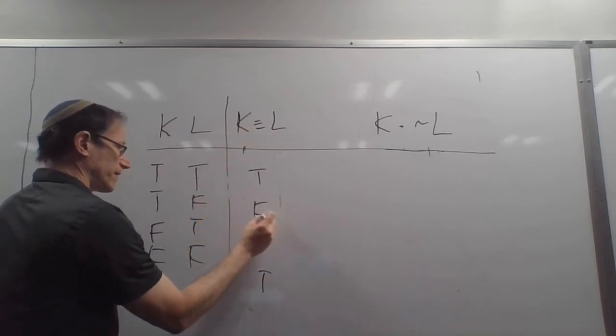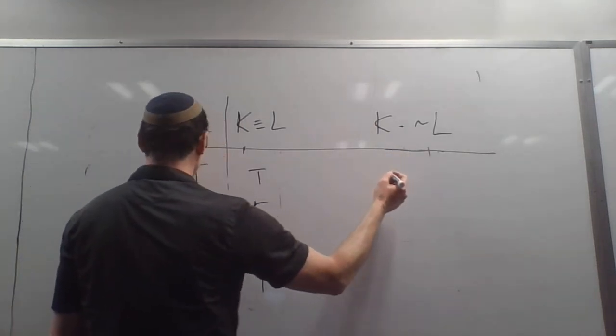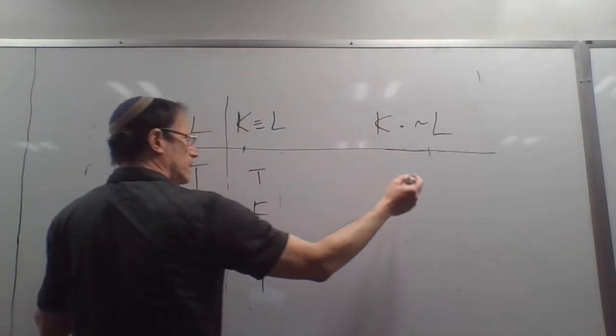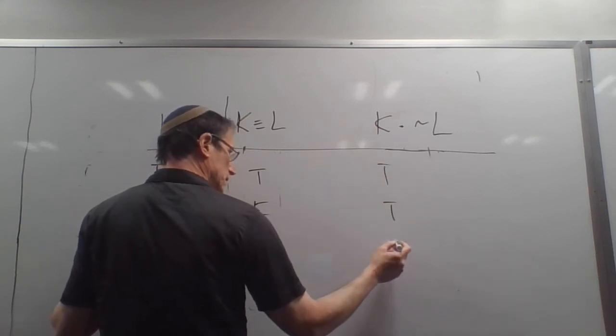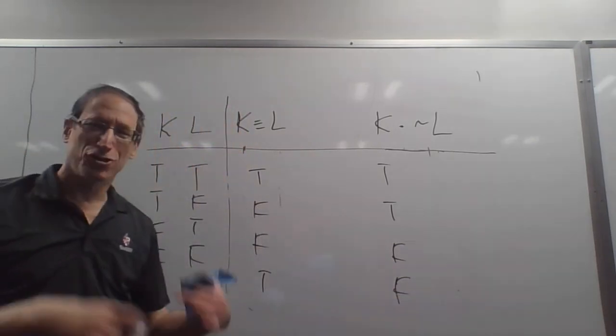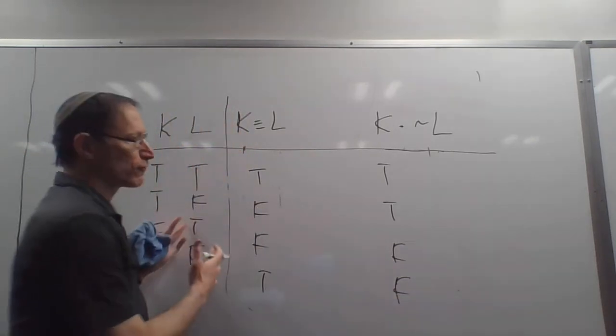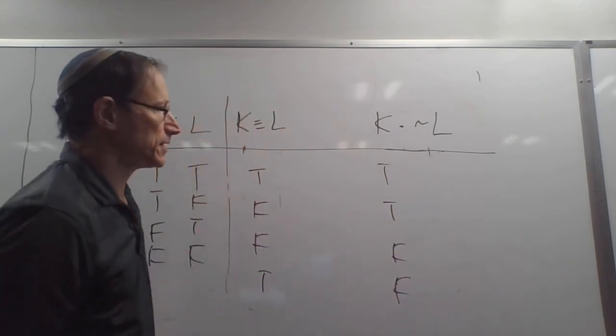And then you have F over here, F over here. K dot not L is going to be T, T, F, F, just copying over the value of K, which you really don't have to copy over. I'm just doing that because it just makes it easier to see.